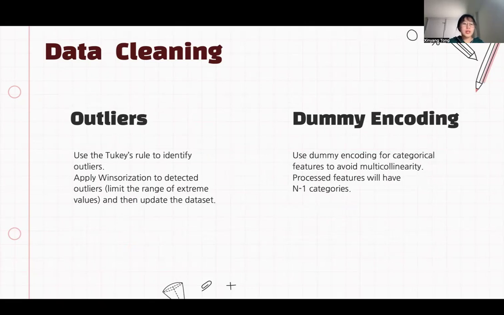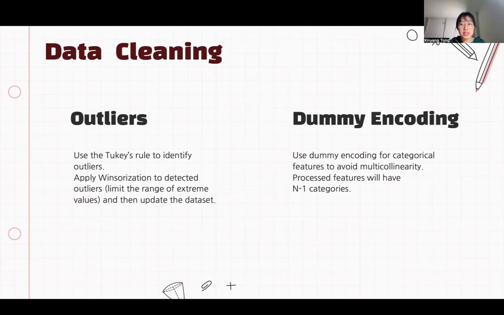Then we're dealing with the outliers. We use the two keys rule to identify outliers and apply visualization to detect them and then update the dataset. Next, we have the last part of the data cleaning, which is also very important, the dummy encoding.